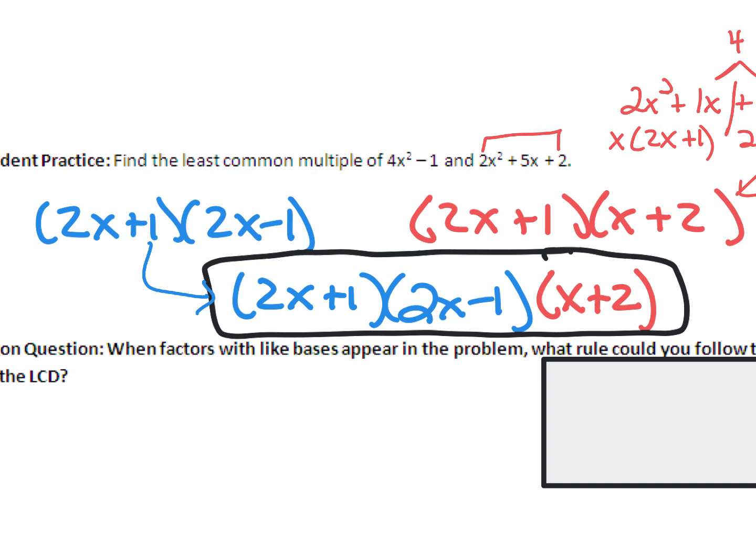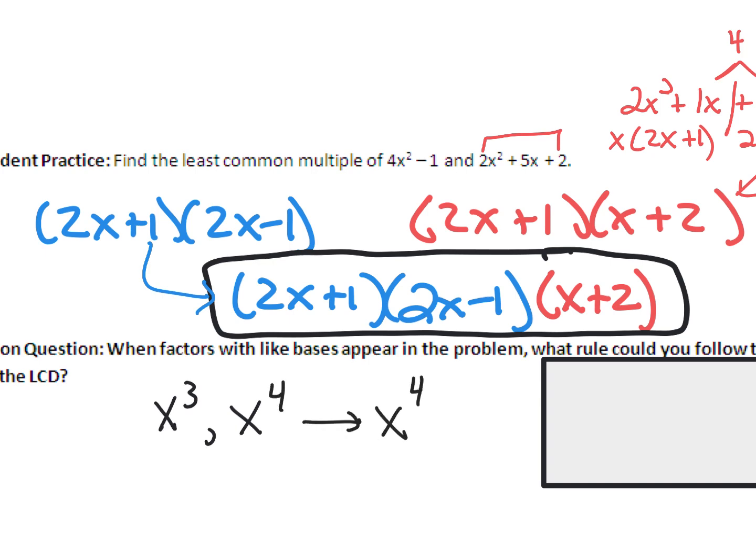Okay. So the conclusion question, always very important to consider. When factors with like bases appear in the problem, what shortcut could you take? Do you remember in the previous problem we had x to the third versus x to the fourth? Our answer was x to the fourth.